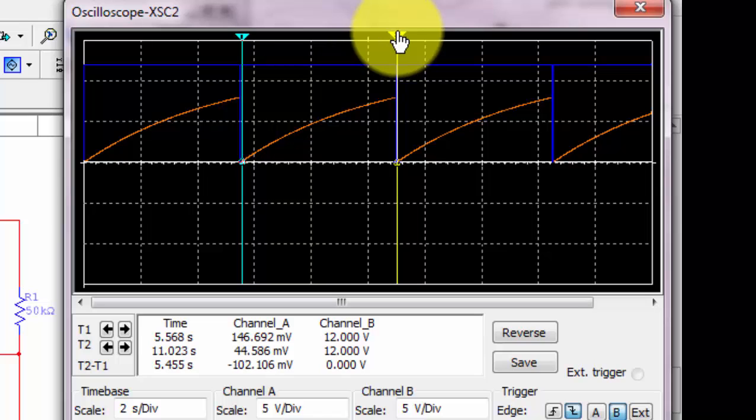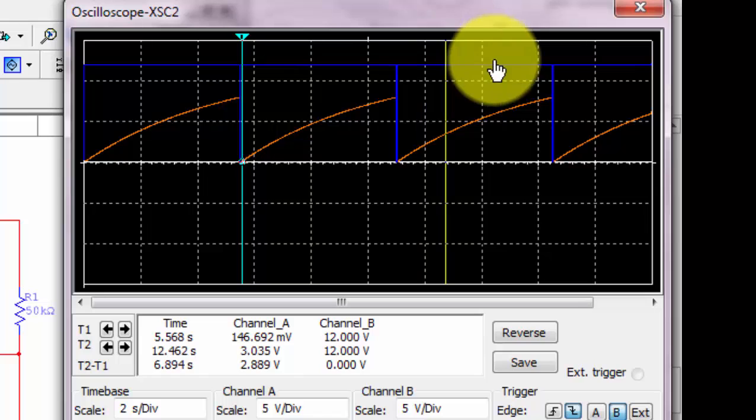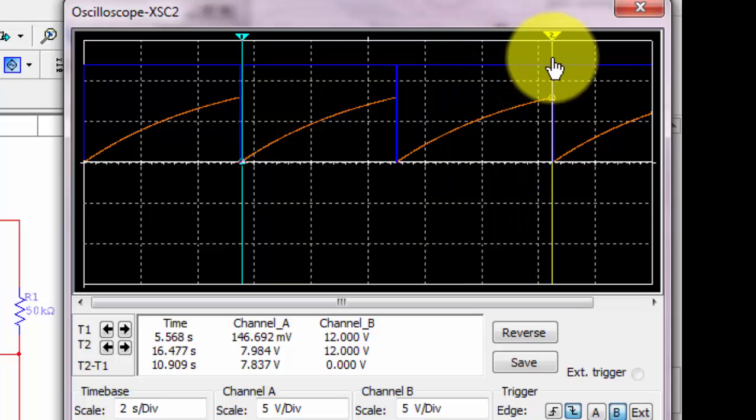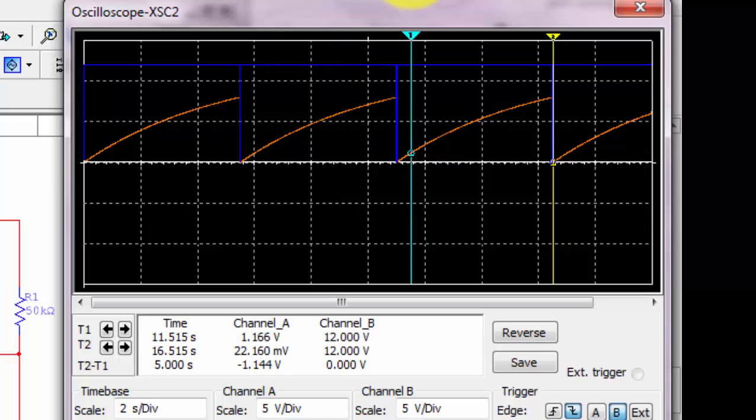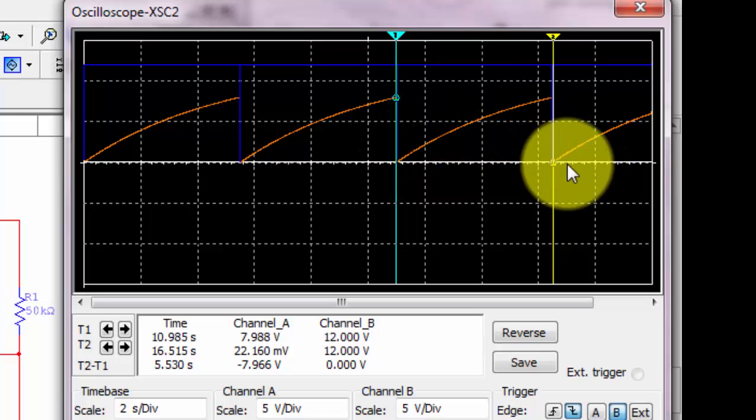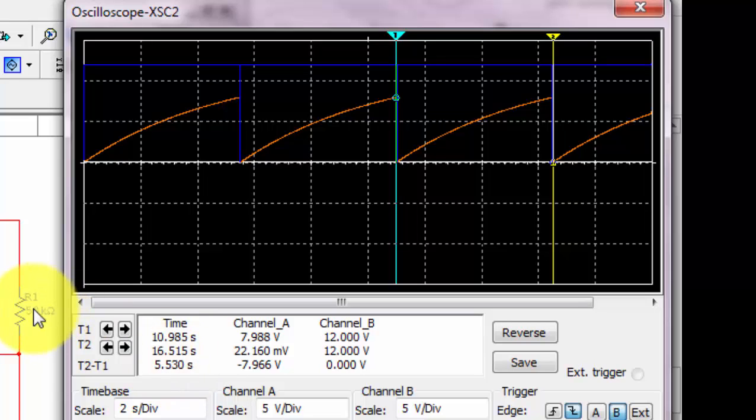Okay, I can see this is slightly off, so this is about 5.5 seconds. Let's try another one. The first one right here, and the timing difference. So basically, when you have these two cursors, it will give you the time difference between them, and we read 5.5 seconds based on this timer. Okay, so that's the result.